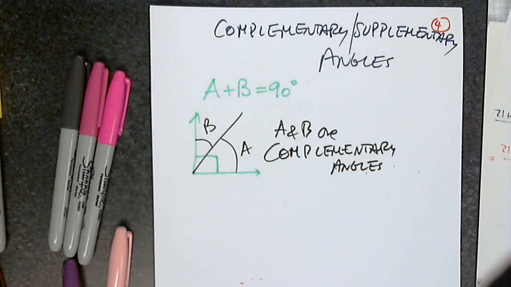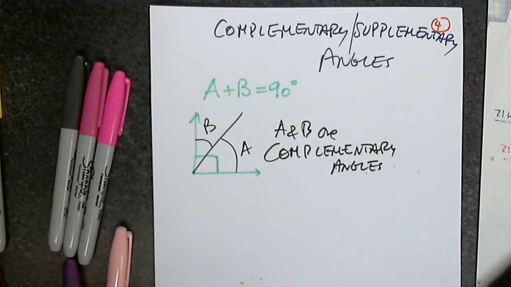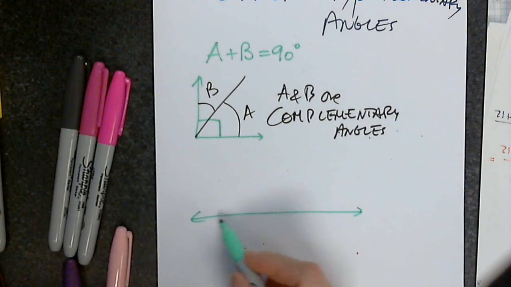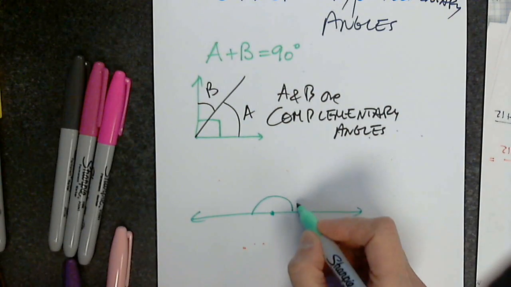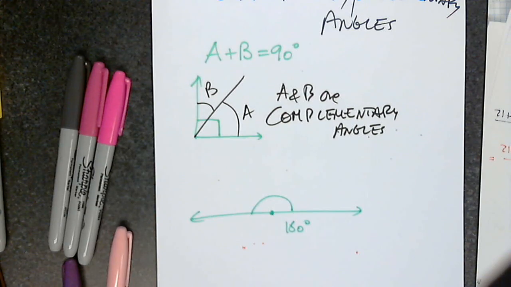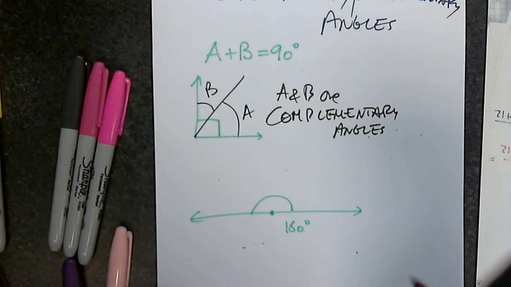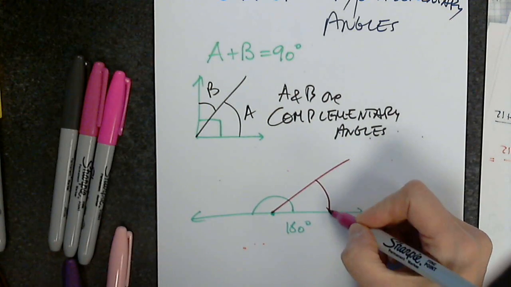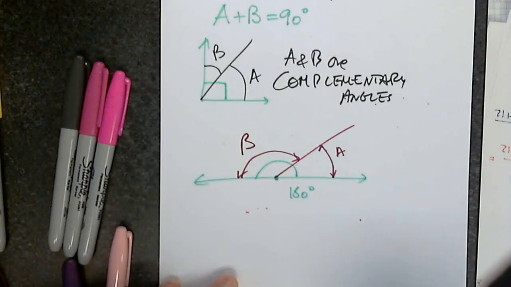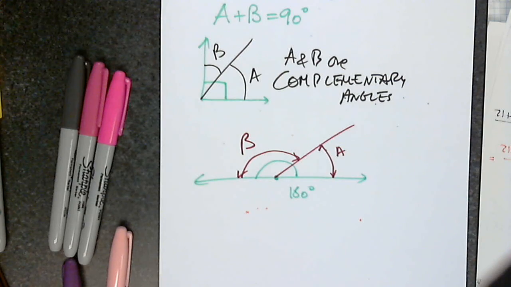What do you think supplementary angles will be? Just a wild guess. Angles that add up to what? Exactly. So this is a 180-degree angle. And now this time angle A and B. This is, let's say, angle A. And let's say this is angle B. Their sum will be 180.